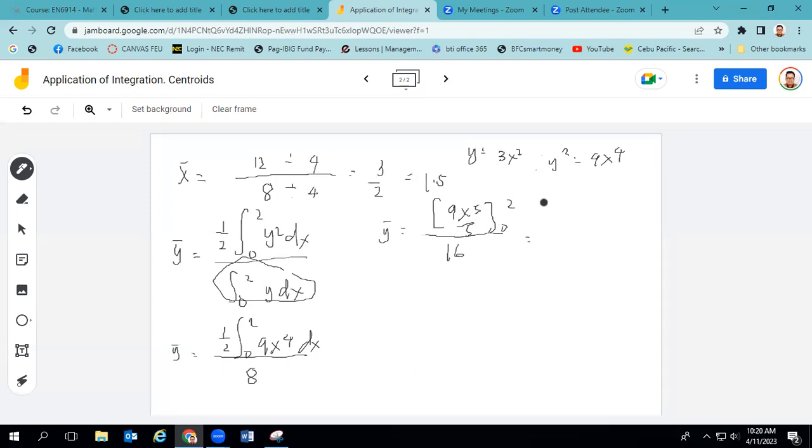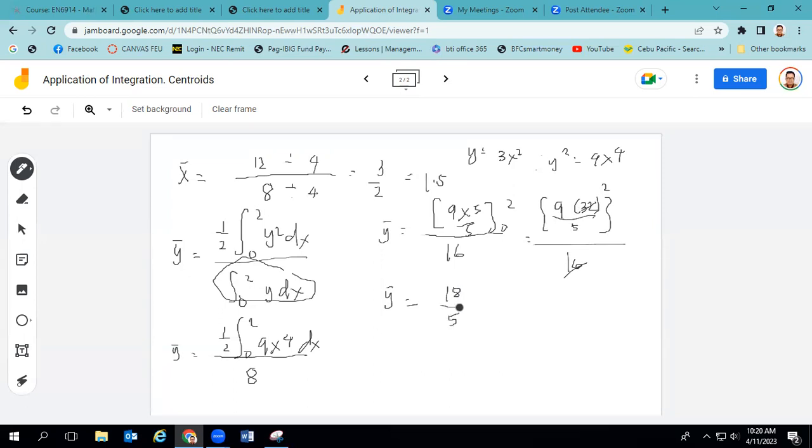Then you have 9x to the fifth, this is 2 to the power 5, 2 times 2, 4 times 2, 8 times 2, 16, is 32, all over 5, and then you have here 16. This one will cancel out, will make it 2. 32 divided by 16 is 2. Thus you have 9 times 2 is 18, all over 5.